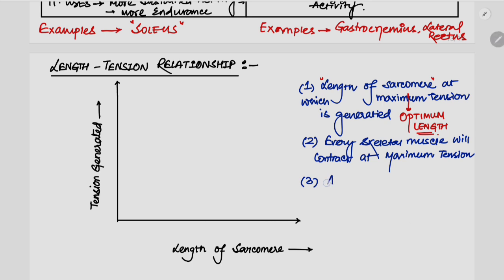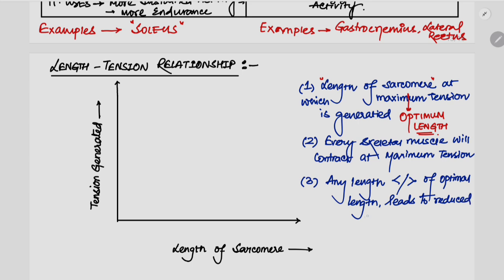Any length less than or greater than the optimal length leads to reduced force of contraction, or less tension is required. Okay, so the curve looks like this.